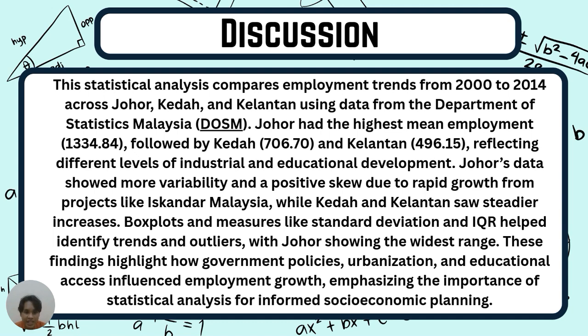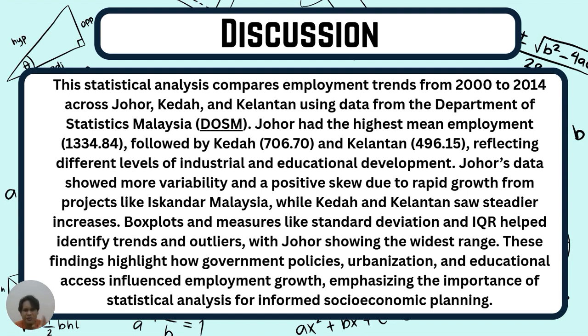So on our discussion, we discuss and conclude our analysis on the three graphs that we present. The statistical analysis reveals differing employment patterns across these three states between 2000 and 2014.